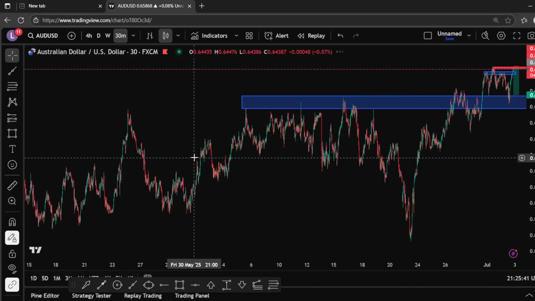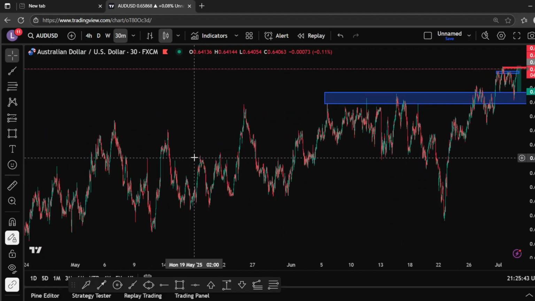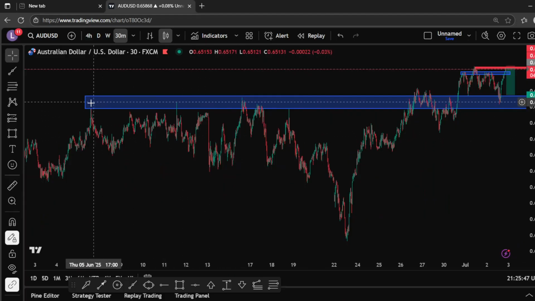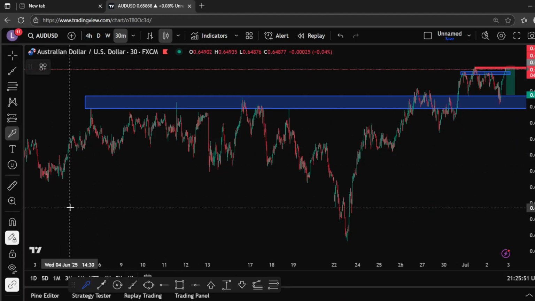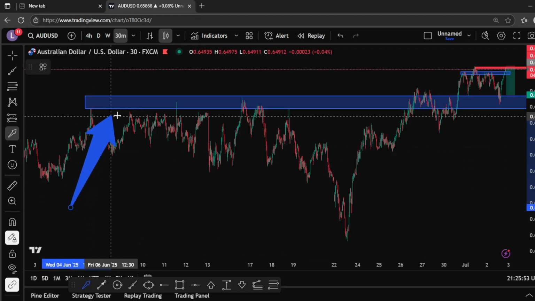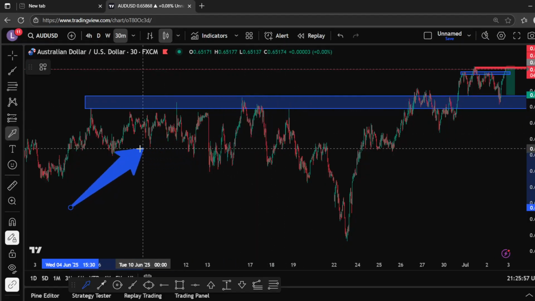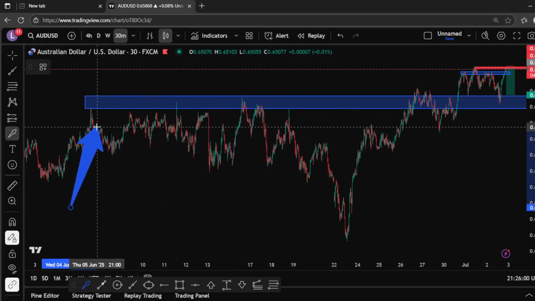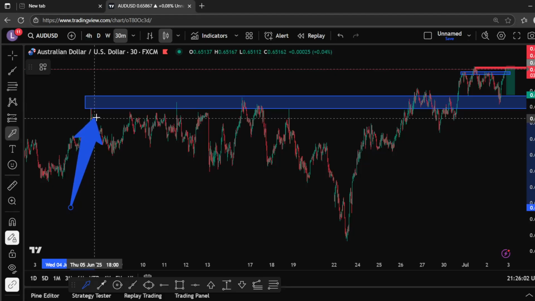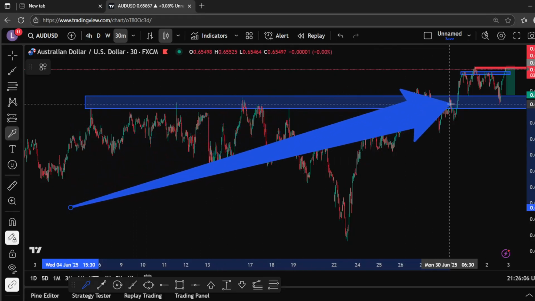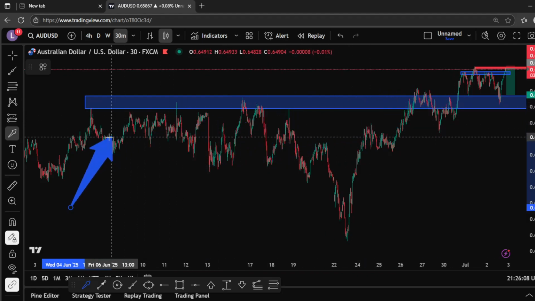And then on the 30 minutes time frame, we are on this uptrend. Okay. So what I spotted were these consolidations where we had a rejection from this blue rectangle line that I have plotted.